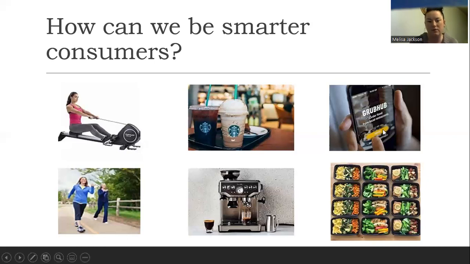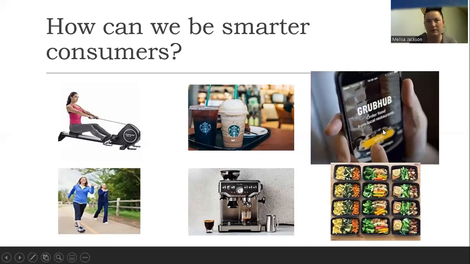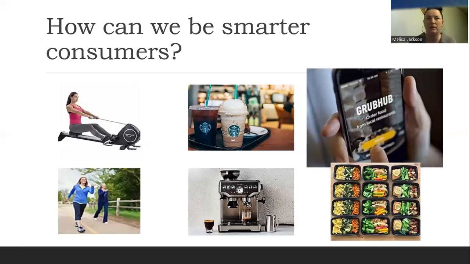And same with Grubhub. So COVID has really made me a delivery freak to the point where I have my groceries delivered, I get food delivered. Sometimes I don't have time. I have teenagers, so sometimes they're not at home. And I'm like, why am I going to take the time to cook, and put all this stuff together and put all this stuff away and clean all this stuff up when there's nobody here.